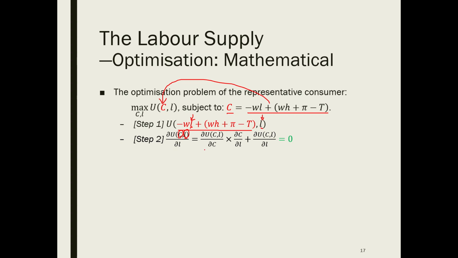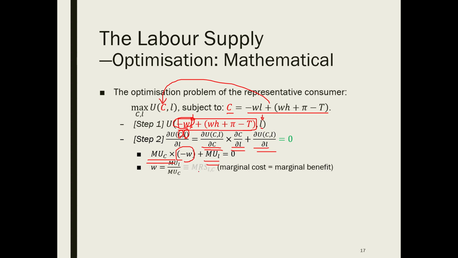The first term is the definition of the marginal utility of consumption. The second term is the derivative of the linear function of C, which equals minus w. And the third term is the definition of marginal utility of leisure. If we rearrange it a little bit, we have obtained the marginal condition.